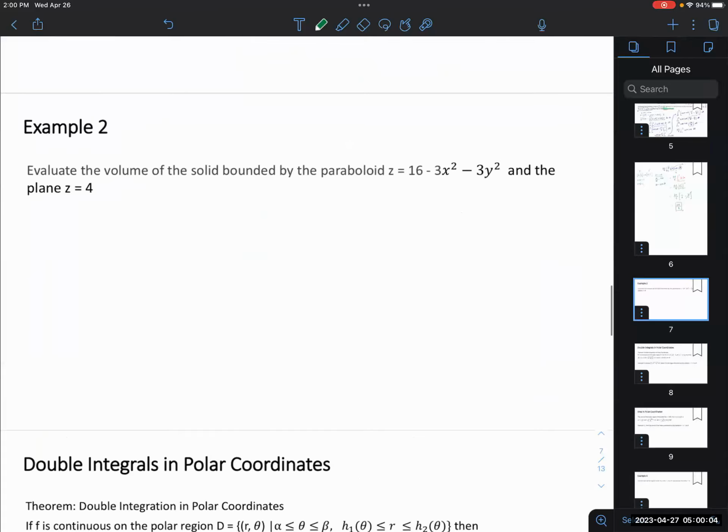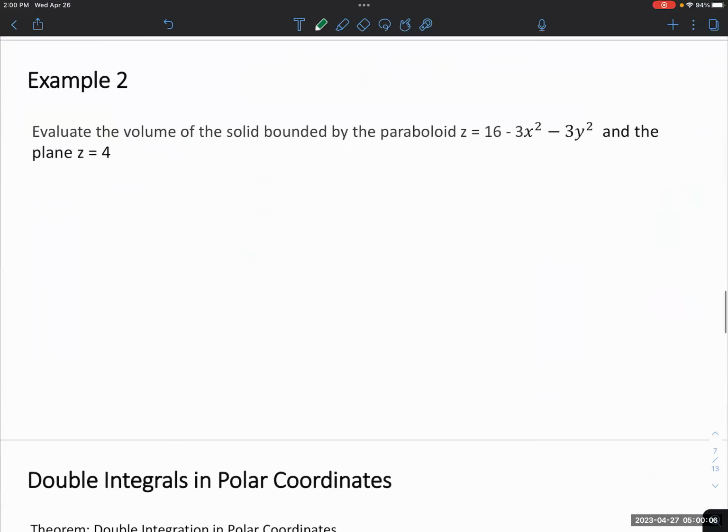Here we go, number 2. We're going to find the volume of the solid bounded by the paraboloid z equal to 16 minus 3x squared minus 3y squared, and the plane z equal to 4. Integrals help us find area, volume, force, many things.